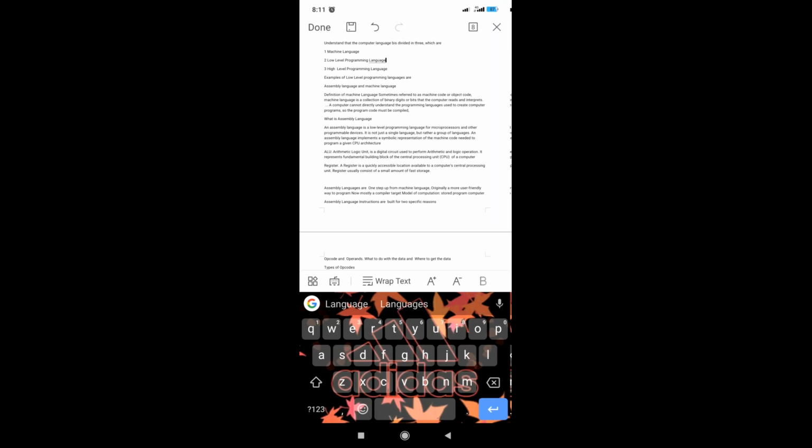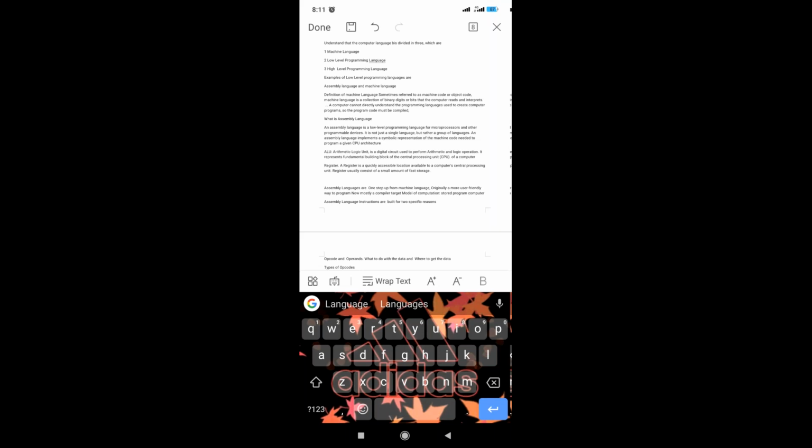Then what is assembly language? An assembly language is a low-level programming language. Just like we said earlier, when we were giving examples of low-level programming language, we made mention that we have two examples: the first one is your machine language, and the second one is your assembly language.